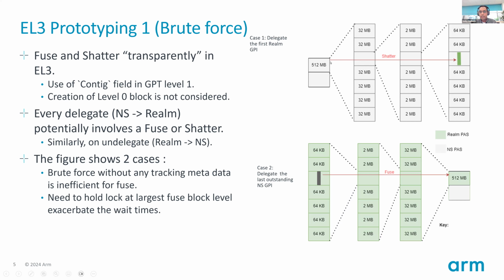EL3 would need to shatter that 512 MB block to 16 32 MB blocks. Then it needs to pick the particular 32 MB block corresponding to that page and further shatter it to 16 2 MB blocks. Then it picks up the particular 2 MB block corresponding to that page and shatters it to 64 KB granule descriptors. Then it goes ahead and manipulates the GPI corresponding to that page and transitions it to the realm pass.